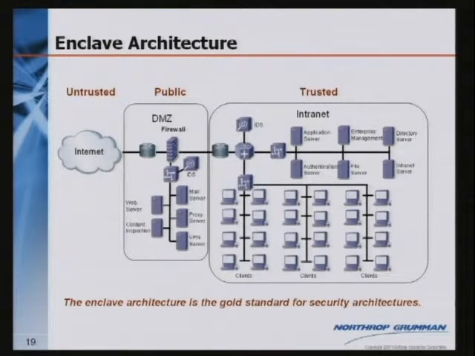So when that untrusted user is out there on the internet, once they connect to these other systems and authenticate themselves, then they're trusted, and then they can be allowed access to internal resources. And so basically the Enclave Architecture enforces those principles that we talked about in terms of separation and in terms of providing at least a place to hang the different security products to build an overall secure system.